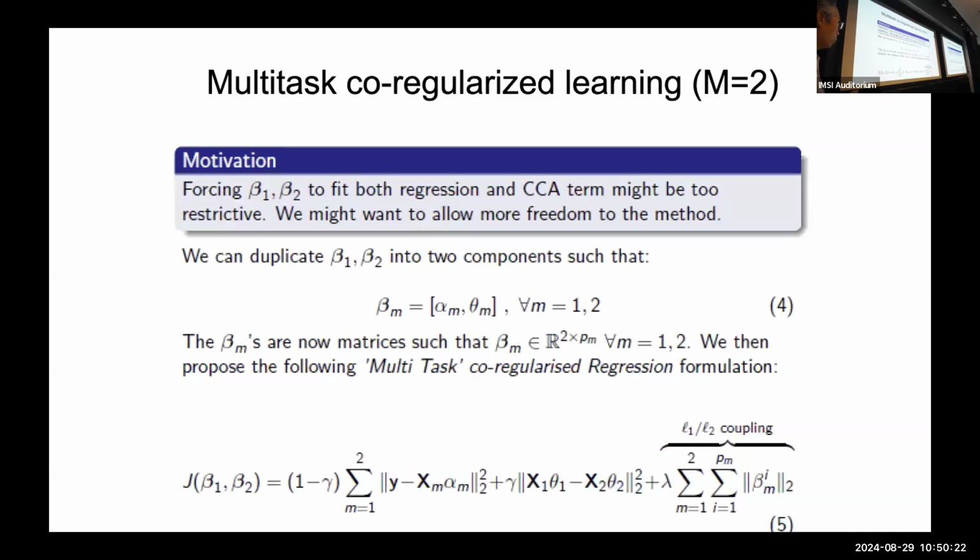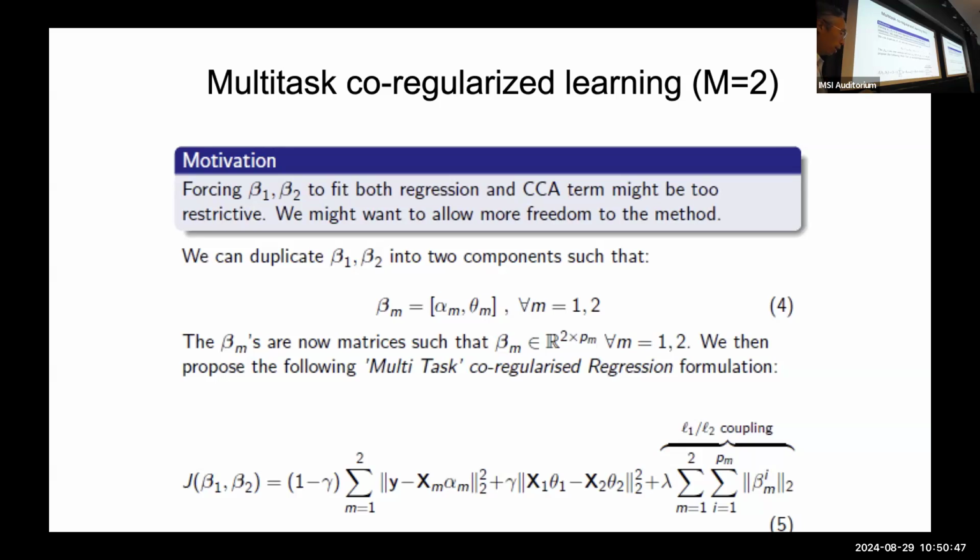We can further improve the model by dividing the coefficients beta into alpha and theta to account for the regression and interaction separately. In addition, we can incorporate the prior knowledge into the model. So we couple all this information in one framework.